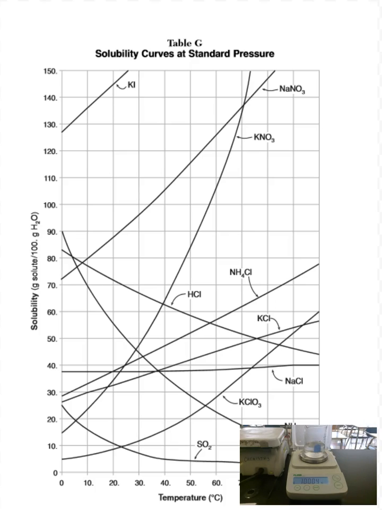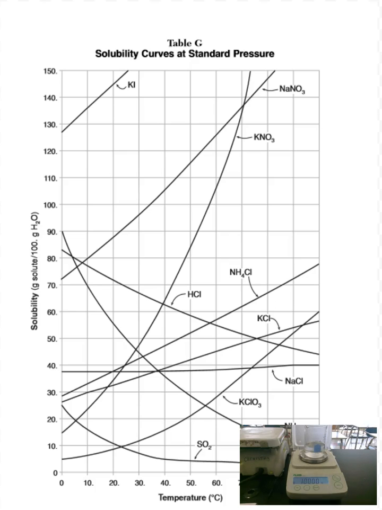All right, so this entire graph is based off of 100 grams of water. So if I have 100 grams of water, that's going to be the solvent for all. Don't go anywhere, stay here.